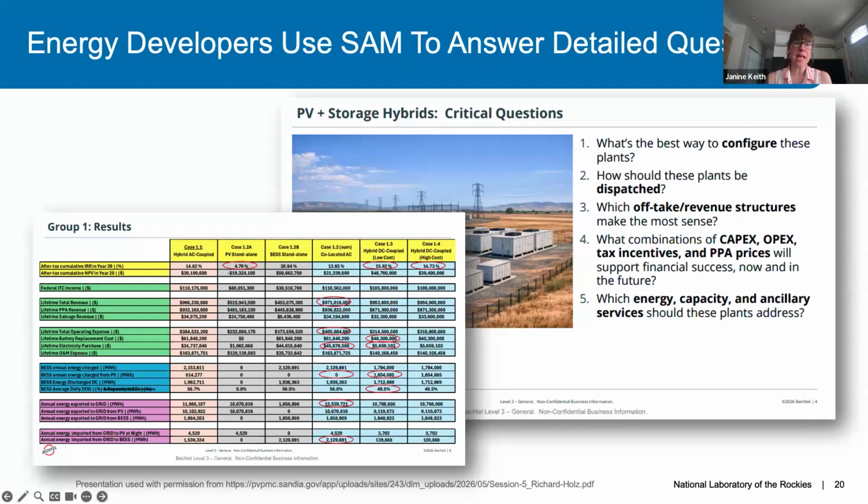And finally, I've pulled an external example from an energy developer, Bechtel, that used SAM to answer some very detailed questions.